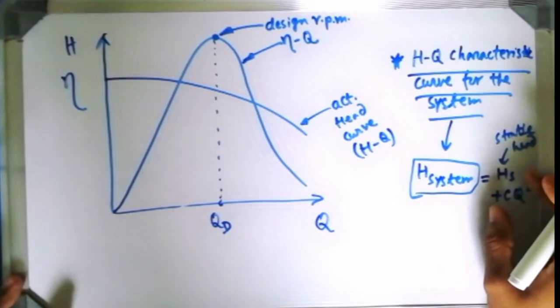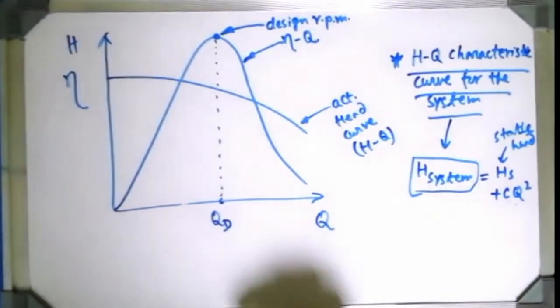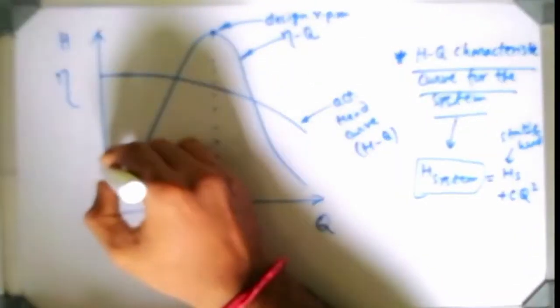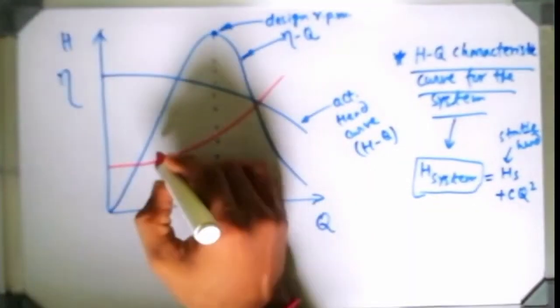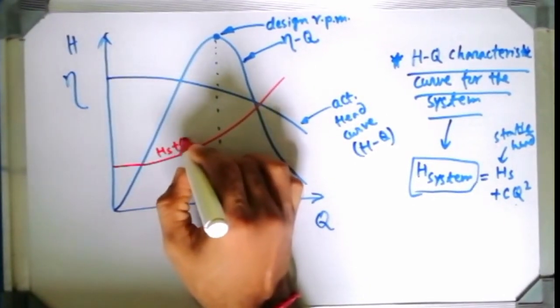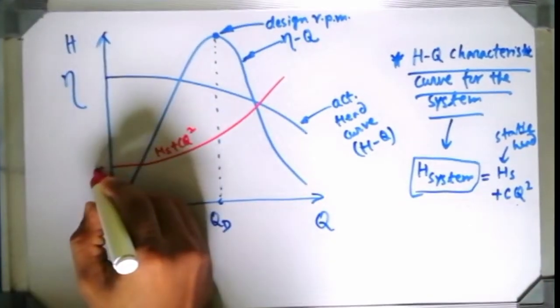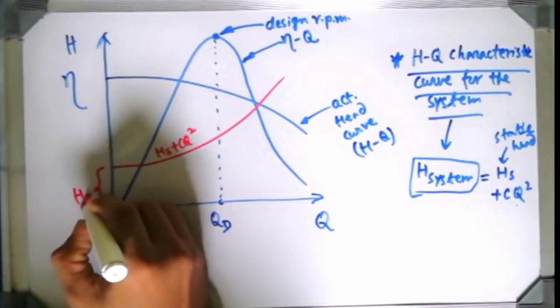If we develop this equation and plot it, it will look like this. This is the system characteristics curve, known as HS plus CQ square. So this part will be the HS.